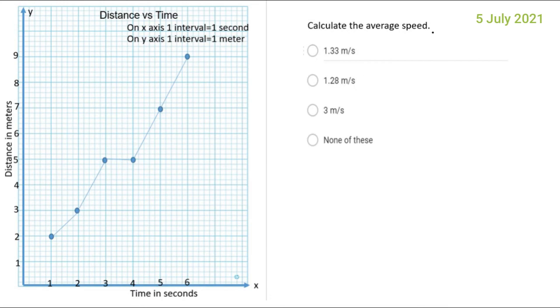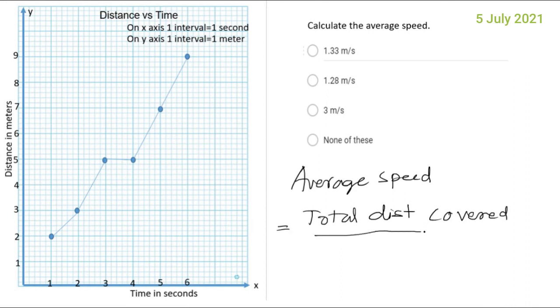Calculate the average speed. And what is the equation? How to find out average speed? So the average speed equation is total distance covered divided by total time taken. Okay, now we shall see what is the total distance covered. So our graph starts from here and ends here, right?